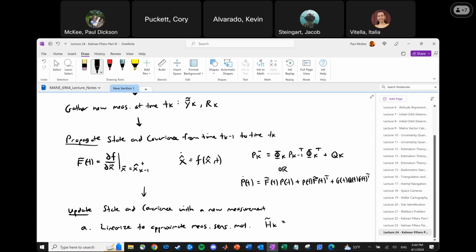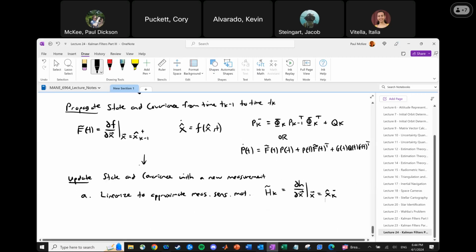H_k tilde is delta h over delta x, evaluated at x equal to x hat k minus. So this is your propagated state, your current best estimate of your state. You're going to take a partial derivative and then plug in your best guess of your state. That's really all we have to go off of.